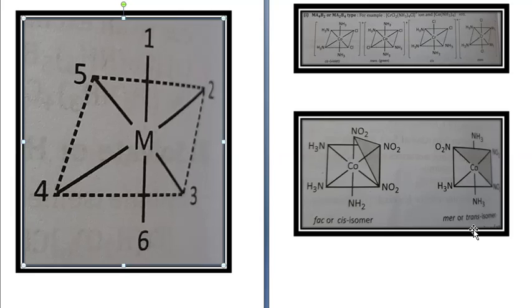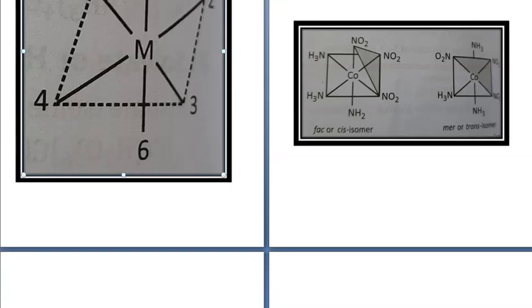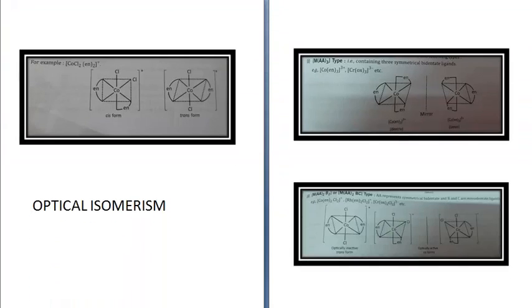Next example in octahedral complex is of MAA2B2 and MAA2BC type. AA represents a symmetrical bidentate ligand such as ethylene diamine, which is also called en, oxalate ion, which can be represented by ox, etc. So example is [CoCl2(en)2].